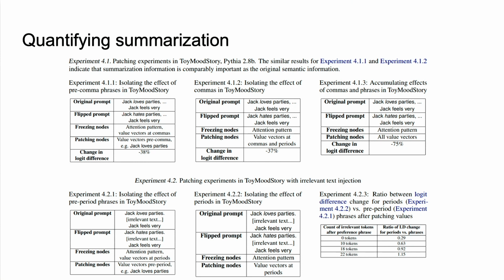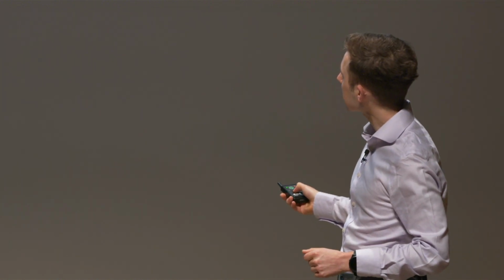So we wanted to know, could we find a way to get it over the top? Are there some conditions under which this ratio would exceed 1? And indeed, we found that when we extended the prompt to be a full sentence rather than just a clause followed by a comma, and we repeated this experiment, patching either the clause or the period at the end of that sentence, and then injecting some amount of irrelevant text into the middle of the sentence, we found that as we increased the amount of irrelevant text, this ratio increased.